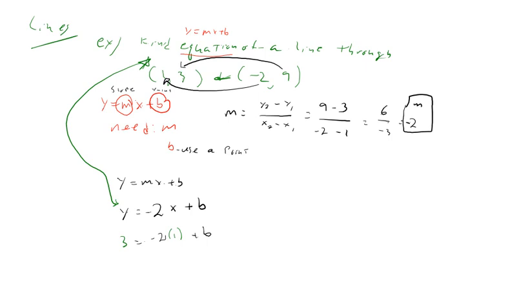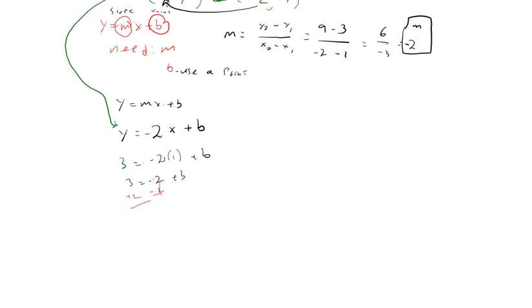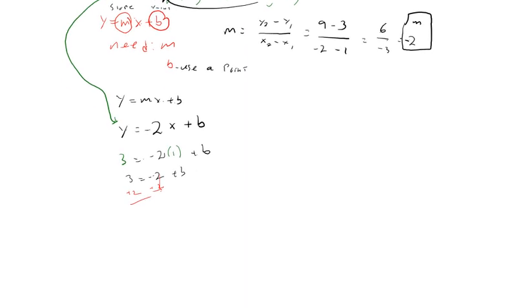3 equals negative 2 plus b. I'm going to add 2 to both sides. Either point is going to be just fine. B equals 5. No matter which point I used, the answer will be 5.